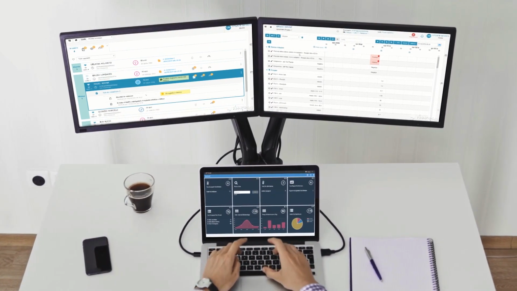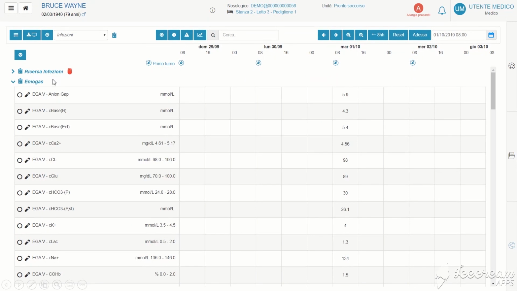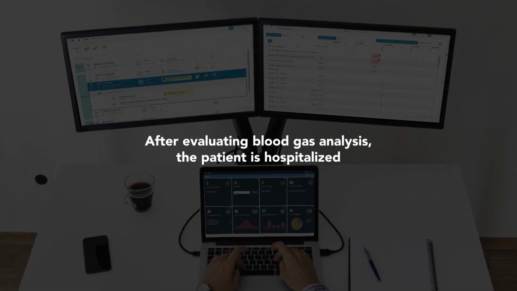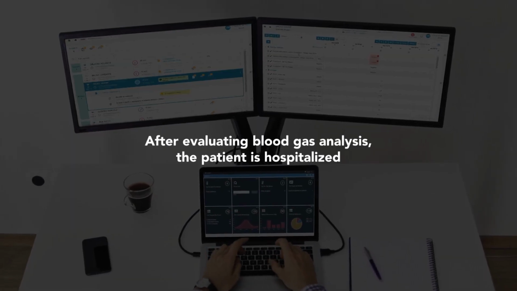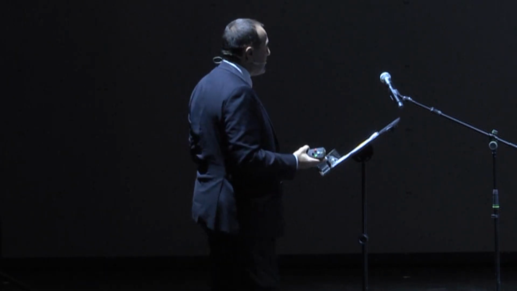A medical error is not the physician's error. It is the organization's error. It is due to a lack of tools. And there will always be human error. But if we provide physicians with tools with such potential, we can be sure that everything can be improved and done with great simplicity.